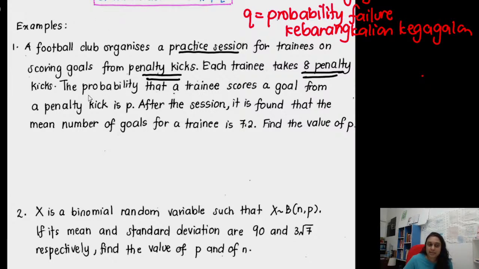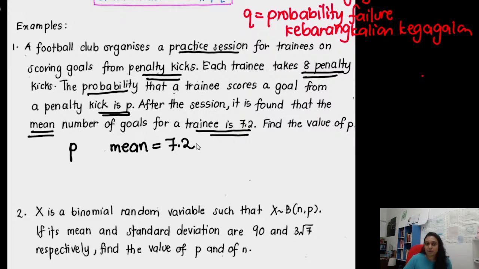The probability, kebarangkalian, that a trainee scores a goal from a penalty kick is P. So your P here is the success. After the session, it is found that the mean number of goals for a trainee is 7.2. So the mean is already given, 7.2. Find the value of P.